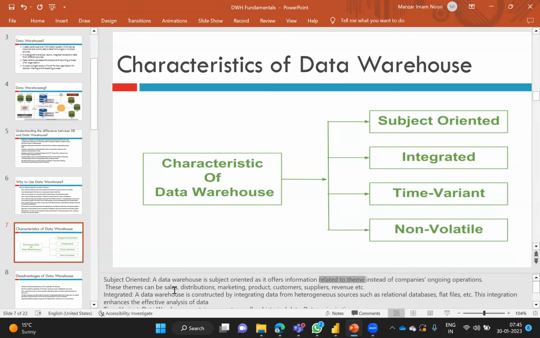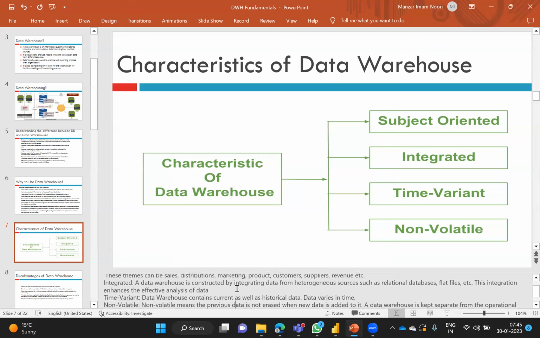These themes can be sales, distribution, marketing, product, suppliers, all these things. For each of these you create a separate data warehouse, right? You create the tables, measures, and facts.